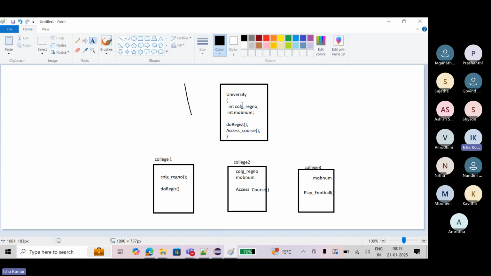College 2 is taking both the properties from the existing one and some common behavior. College 3 is taking some common properties and it is having some extra behavior, which is not present in the existing class. So inheritance means acquiring the commonly used behavior and properties from an existing class. That is called inheritance.